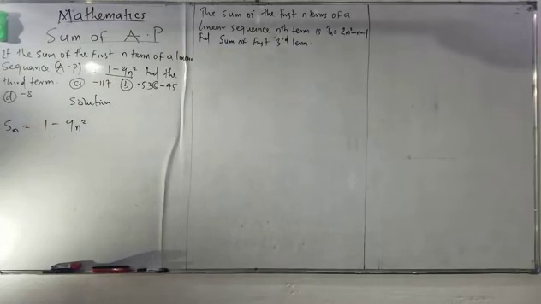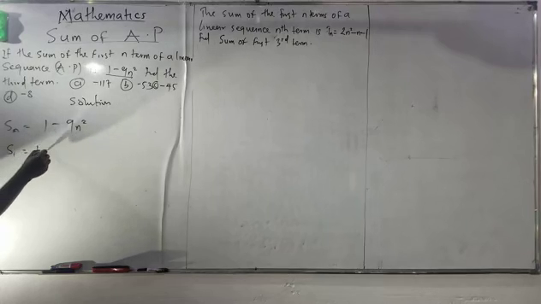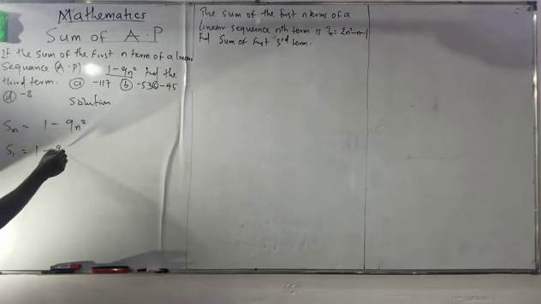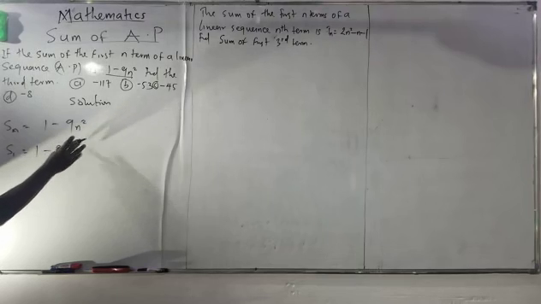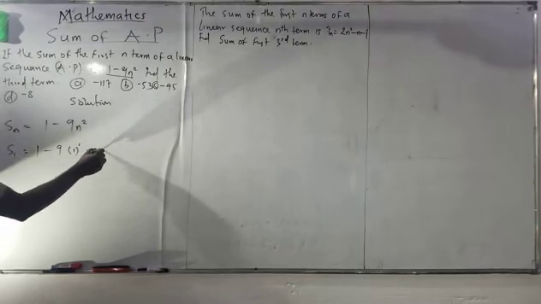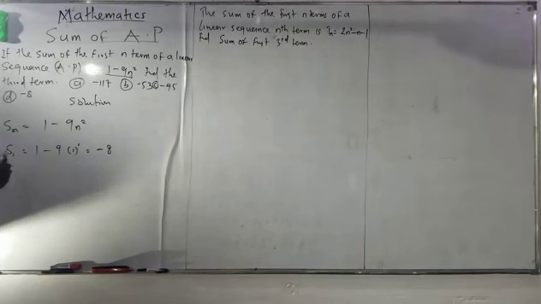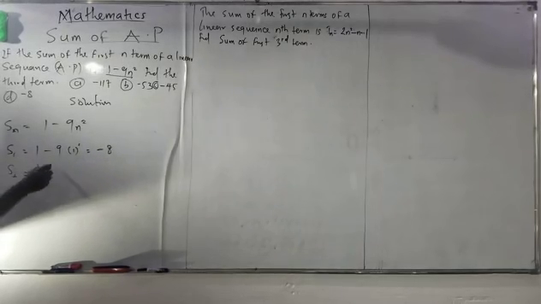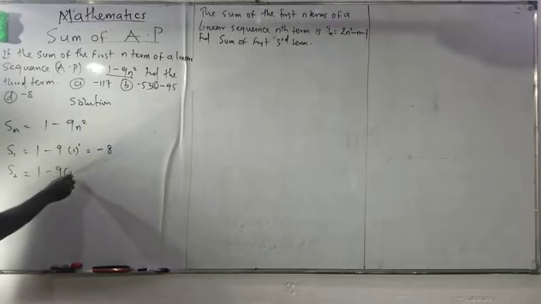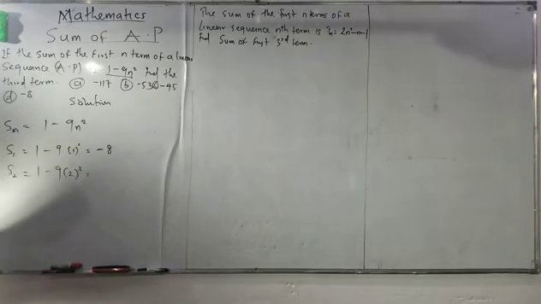Since you have declared that, I can start with the sum of 1, which would be 1 minus 1 squared, which will be equal to minus 8. That will be the first term. Now, the sum of 2 will be 1 minus 2 squared.